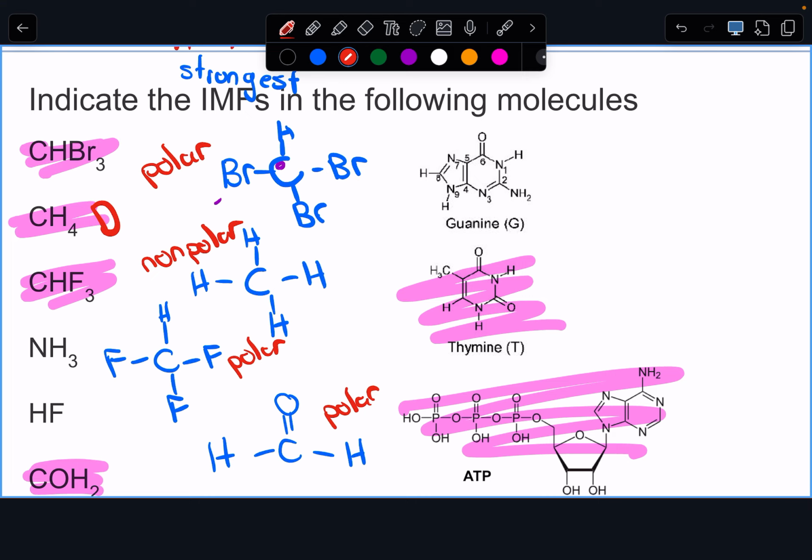Even though there are multiple compounds that have both hydrogen and fluorine, or hydrogen and oxygen, none of them have that hydrogen bonded directly to the fluorine or oxygen. So all of the rest of these on the left-hand side are dipole-dipole.